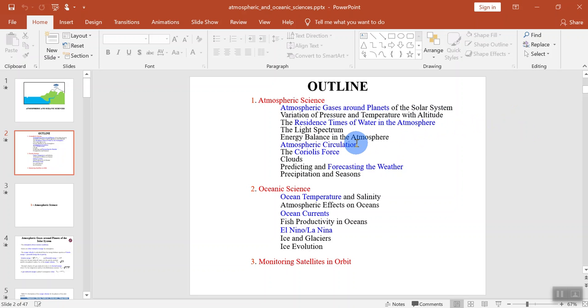We'll talk about atmospheric circulation and then the Coriolis force, due to the rotation of Earth, which affects a lot of the weather. Then forecasting the weather. Oceanic science: ocean temperature, ocean currents, El Nino and La Nina. This is interesting. And then some satellites that monitor the weather and so on.